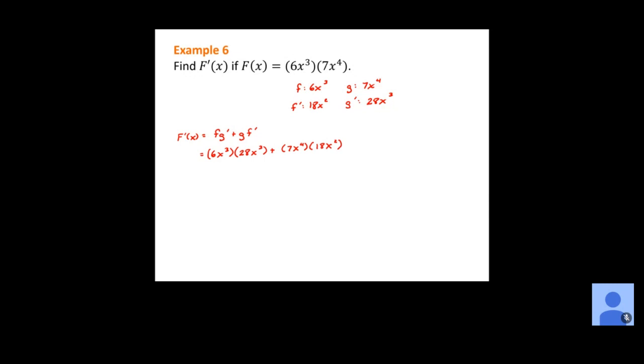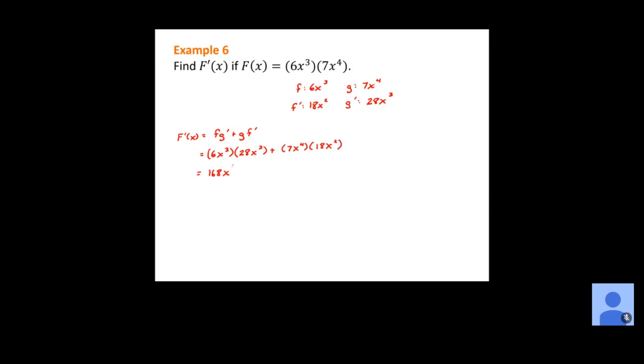Now it's just a matter of simplifying, right? So if we multiply 6x cubed times 28x cubed, what is that term going to give us? Good. So 168.